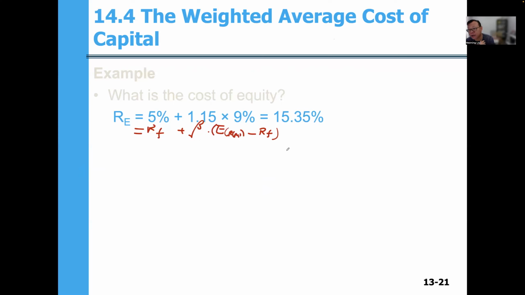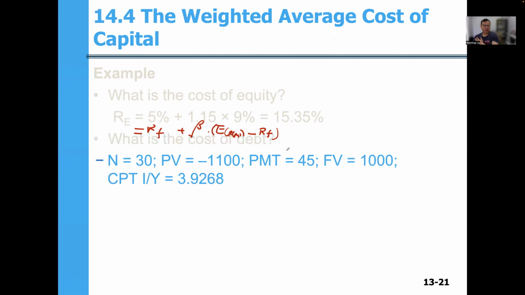The risk-free rate RF is 5%, the beta is 1.15, and the market risk premium is 9%. So we calculated the cost of equity is 15.35%.